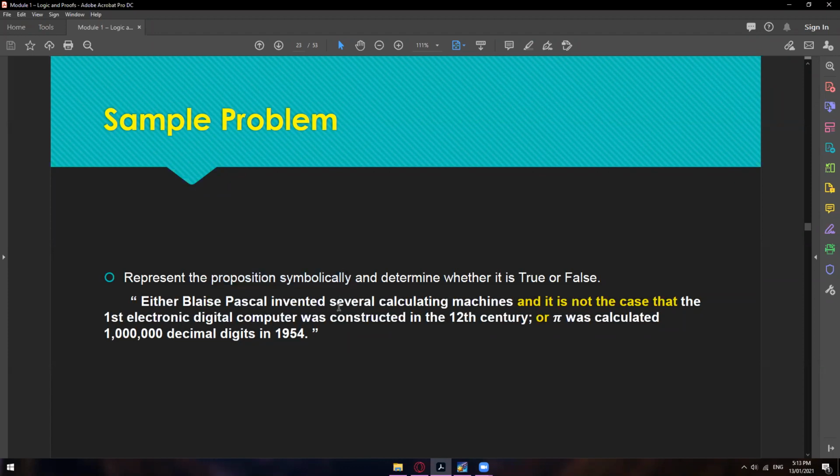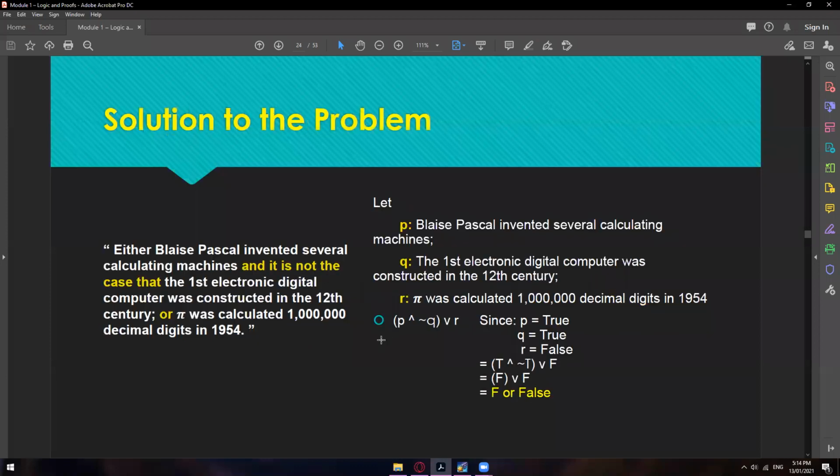Okay, so gagamit tayo ng symbols or variables plus connectives. So very obvious naman, nakikita nyo na yung mga highlighted. This one is a connective, this one is also a connective. Okay? So for you to be able to answer this one, we should get statement per statement. So ito na siya. So meron tayong 3 statements in this one paragraph.